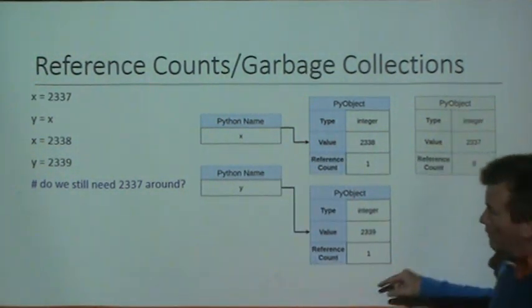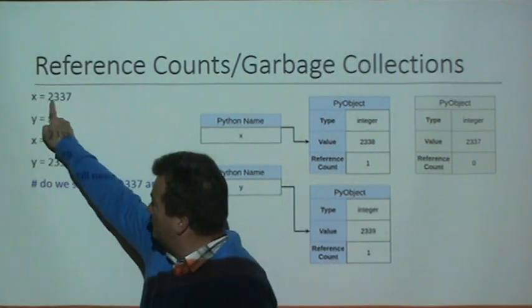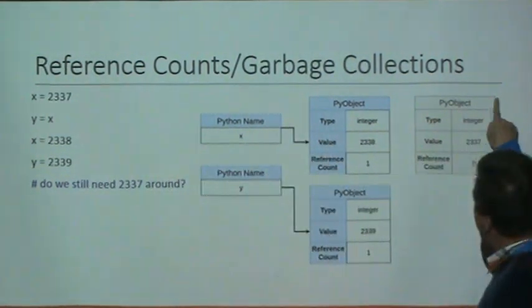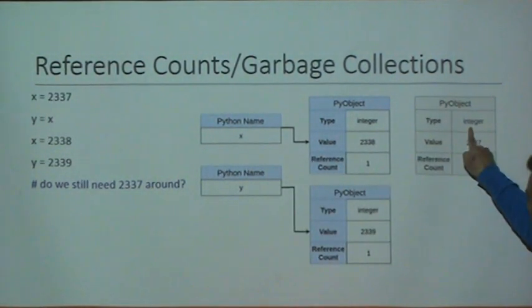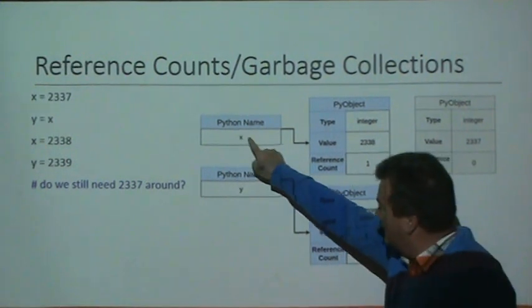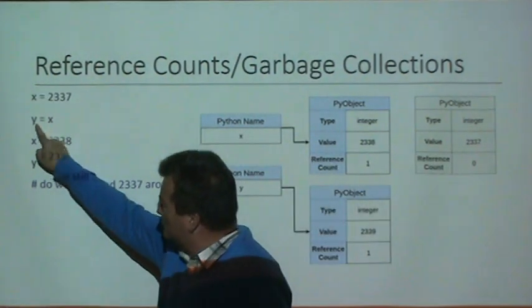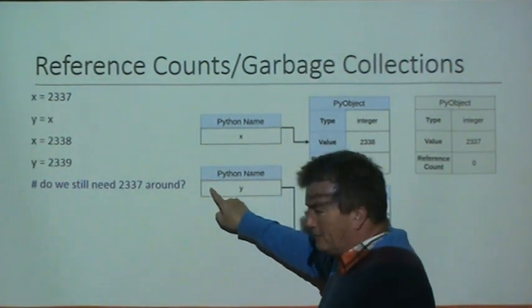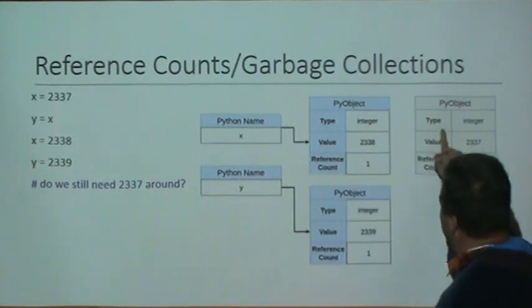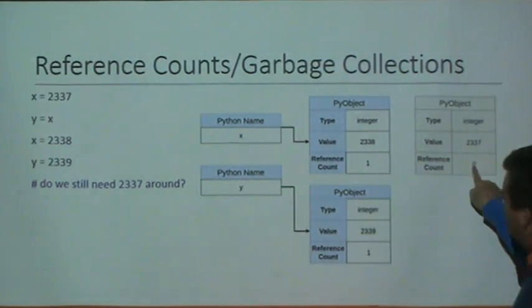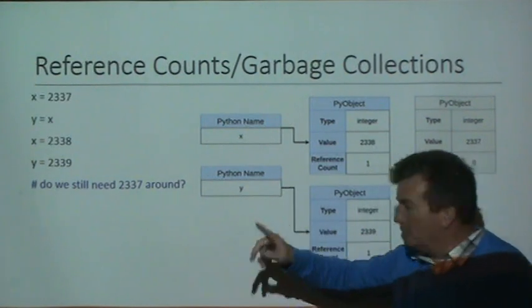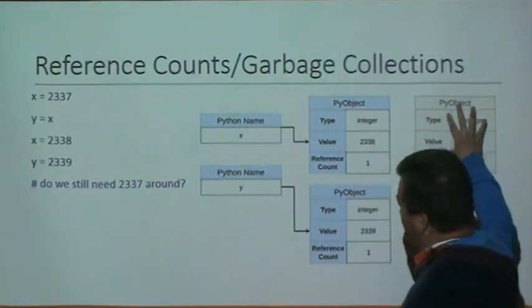When we originally created x equals 2,337, we created a piece of storage: the type is integer, the value is 2,337, and x refers to it. Then we said y equals x. We created a name for y and referred to this same object. Now the count was 2: there were two references referring to this object.